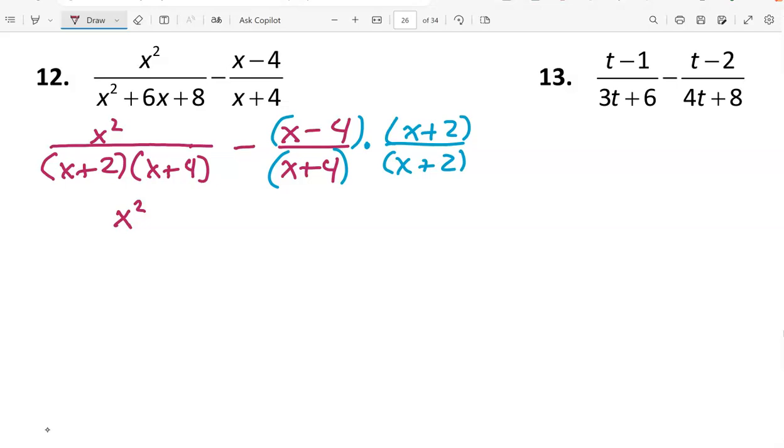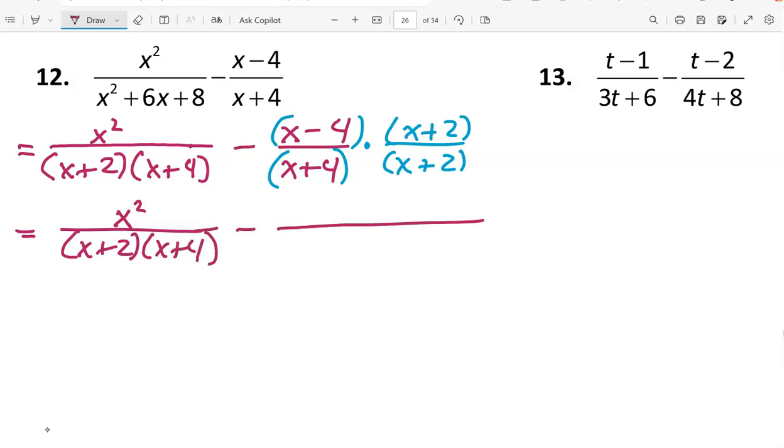So the first fraction is x squared divided by that least common denominator of x plus 2 times x plus 4. And then the second fraction will have that same denominator of x plus 2 times x plus 4. In order to subtract the numerators, which is what we do when we subtract fractions with like denominators, we need to multiply first.